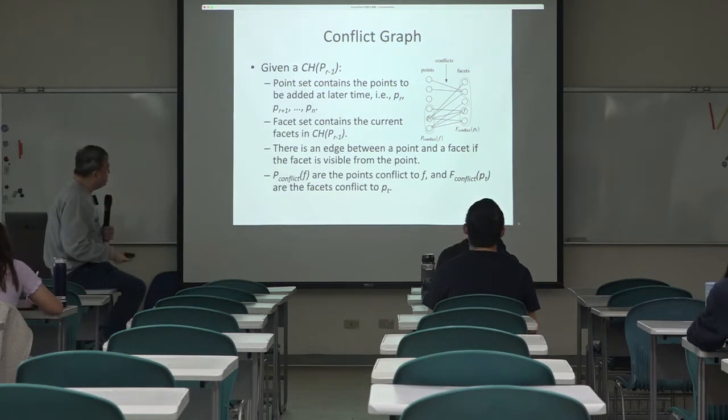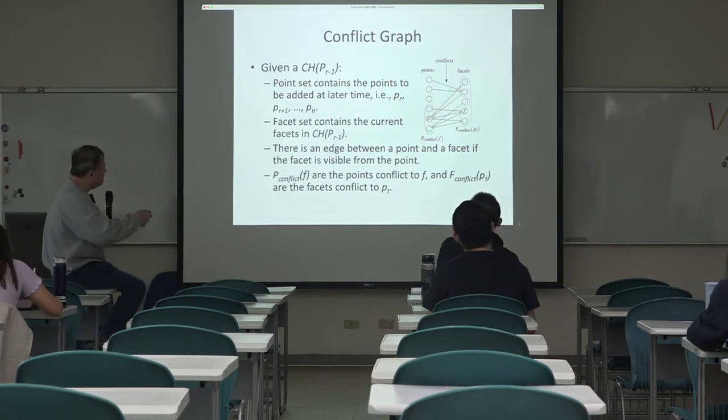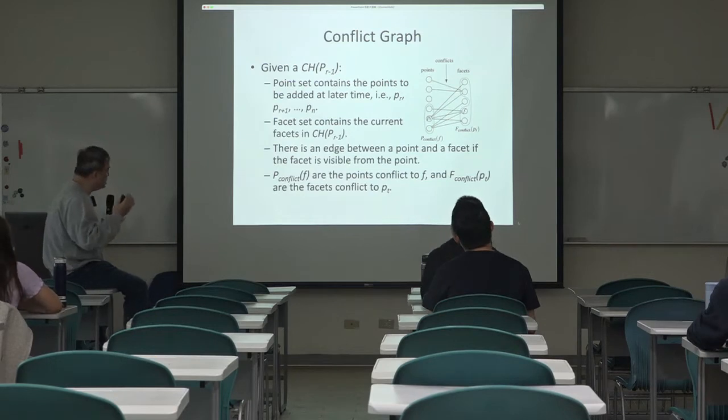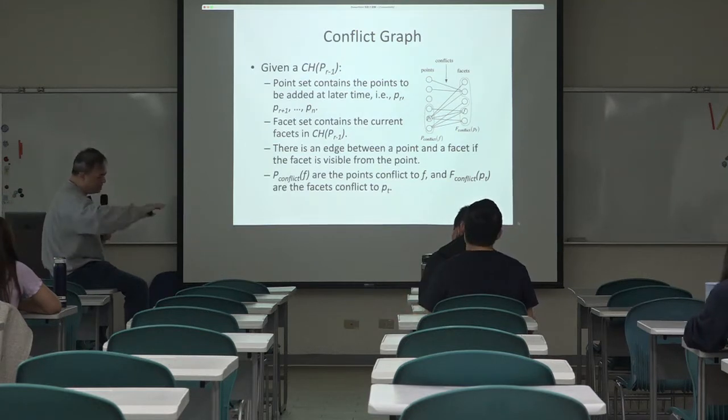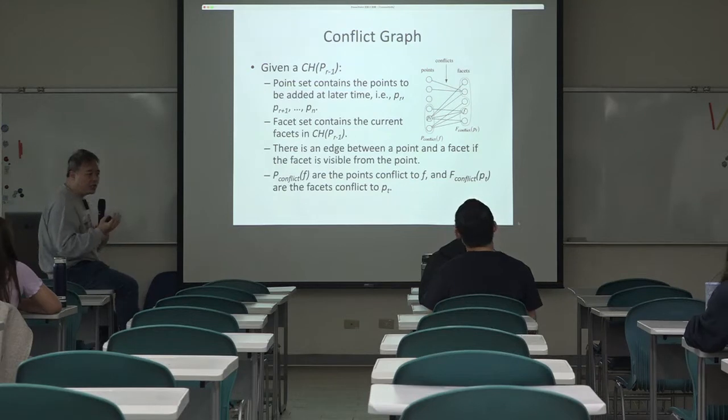In order to consider a real 3-dimensional convex hull, you need at least 4 points. When you have 4 points, as long as they are not on the same plane, you would have 4 facets to start with.